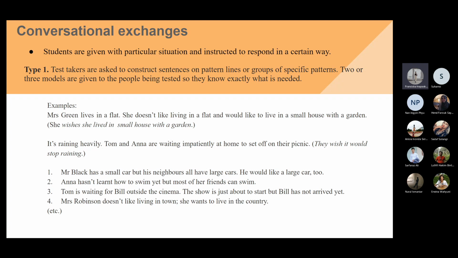She doesn't like living in a flat and would like to live in a small house with a garden. And then the bracket one: she wishes she lived in a small house with a garden. And then the other one: it's raining heavily. Tom and Anna are waiting impatiently at home to set off on their picnic. And then the bracket one: they wish it would stop raining. And then there are other questions included in type one.